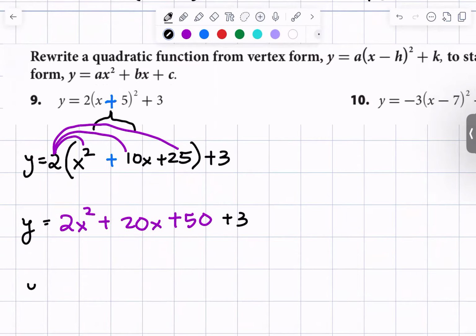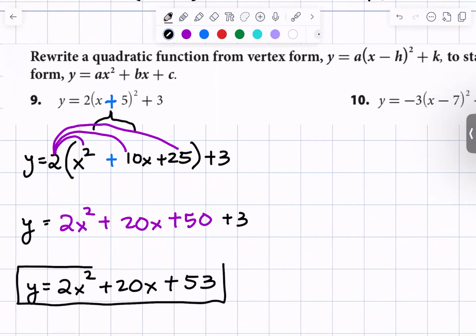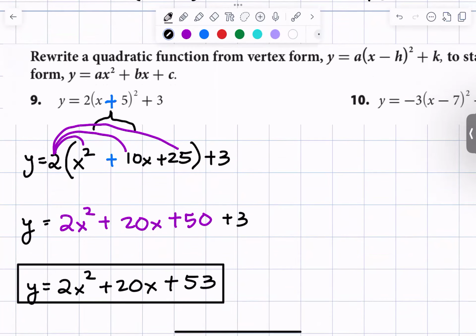And then I am going to gather the like terms, 2x squared plus 20x plus 53. That's in standard form. Okay. That's going to be my standard form. Cool.